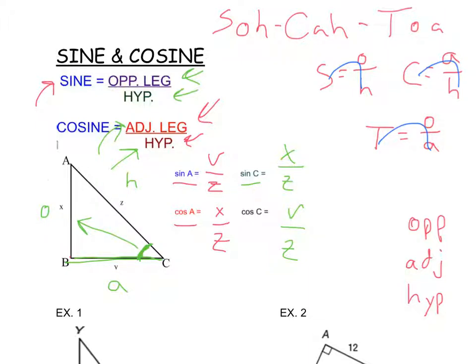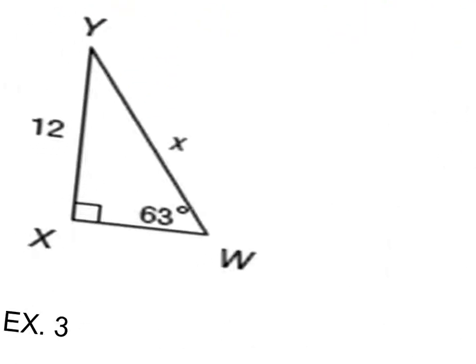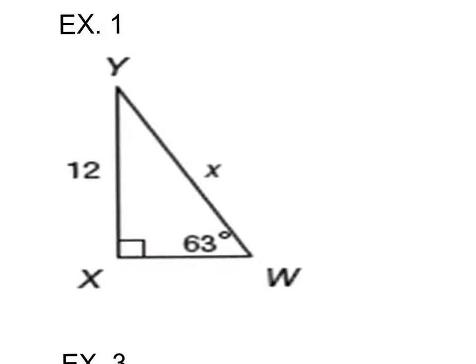Let's look at an example of how to use this. Here we've got angle 63. We have to figure out which ratio we're dealing with. The easiest segment to find is the hypotenuse because it's opposite the 90-degree angle. Now, we also have this 12, which is not adjacent, it's opposite our angle 63.